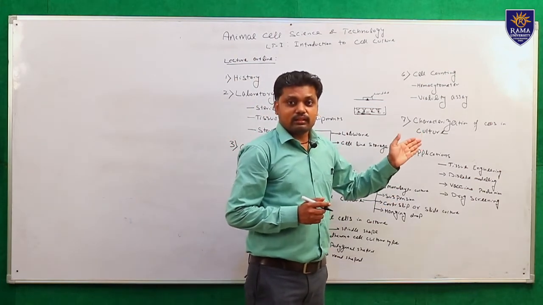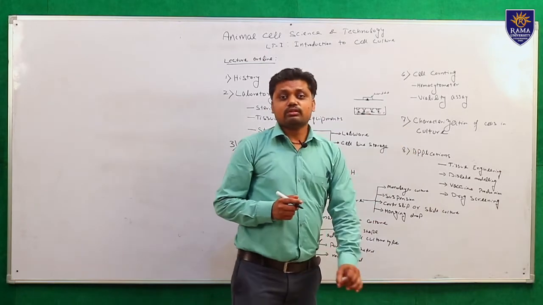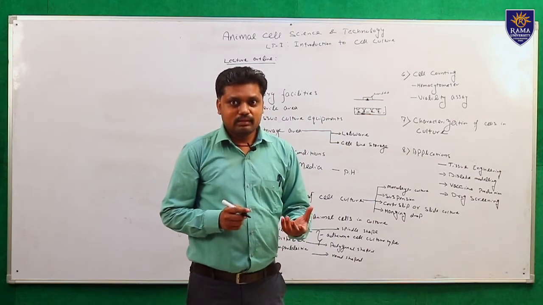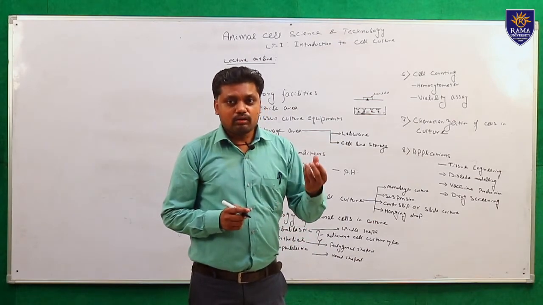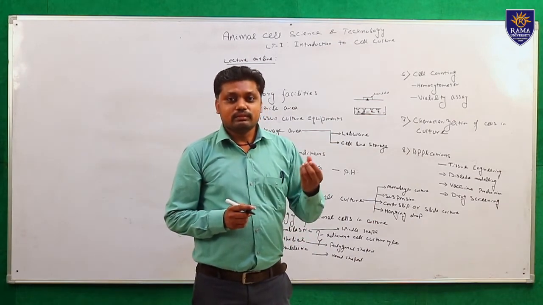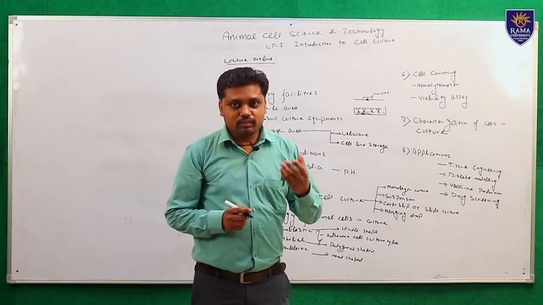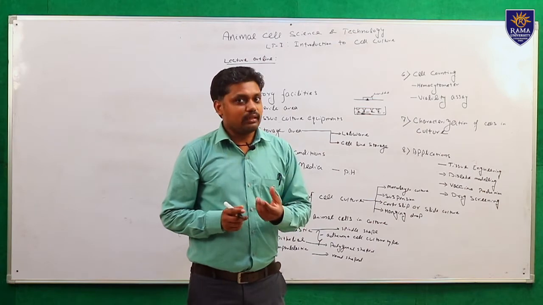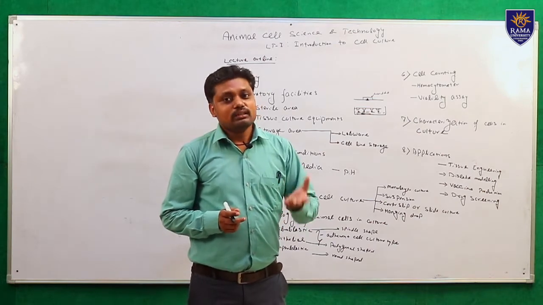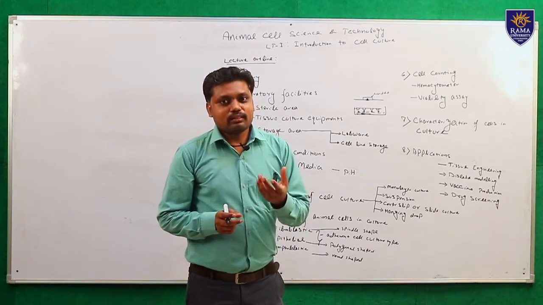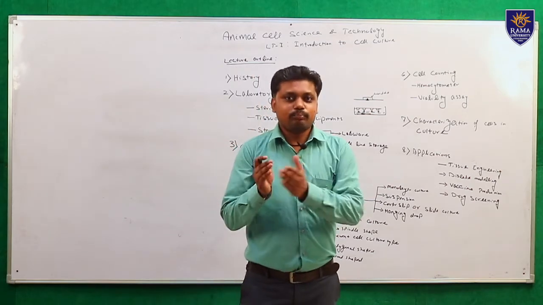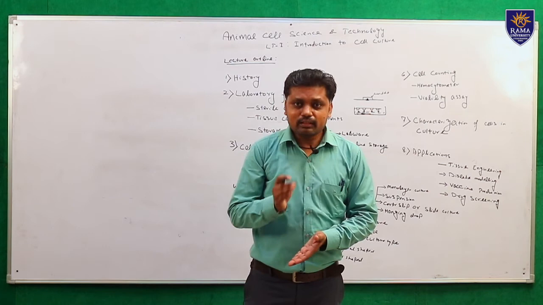In the viability assay, the most commonly used is the trypan blue assay. Trypan blue is a dye which is taken up only by the dead cells. It means if your cell is dead, it will appear blue under the microscope. If your cell is not dead, it will appear transparent. Now the question arises, why does a dead cell appear blue?